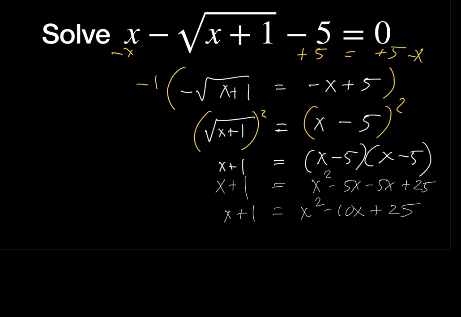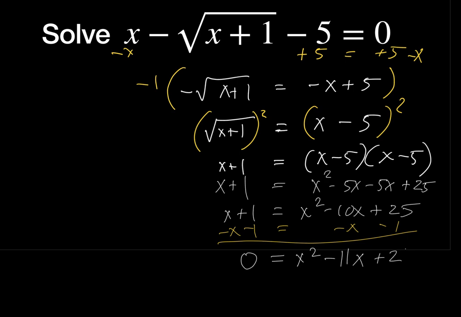I have squareds, so the first step in solving for squareds is setting it equal to 0. Subtract x and 1 from both sides. I have 0 equals x squared minus 11x plus 24.